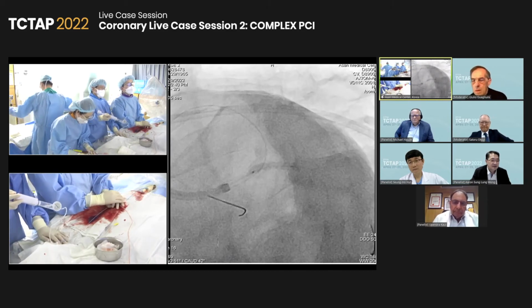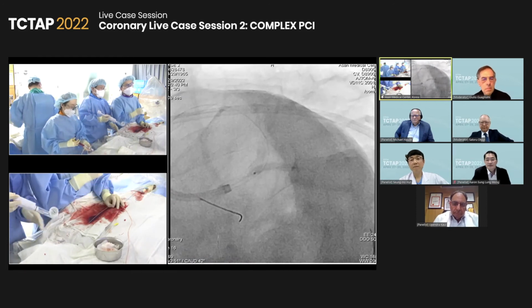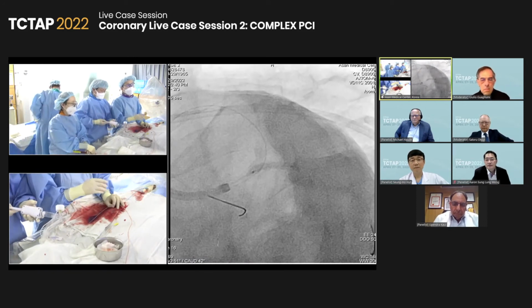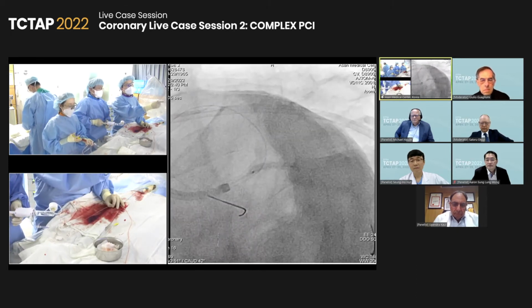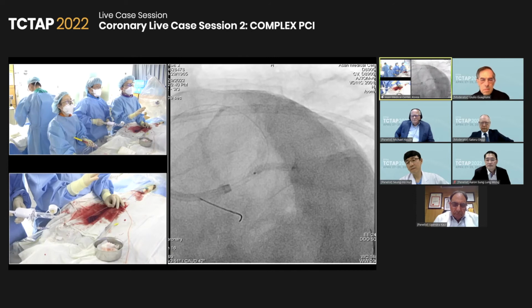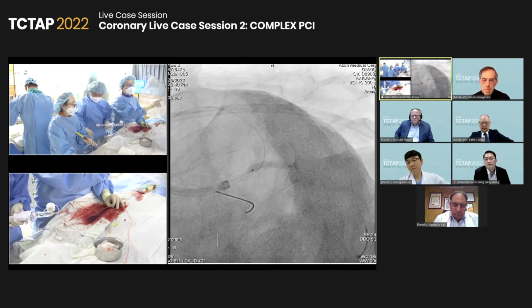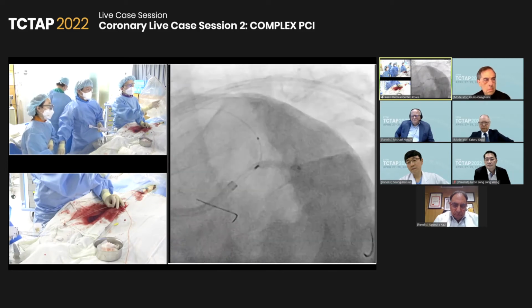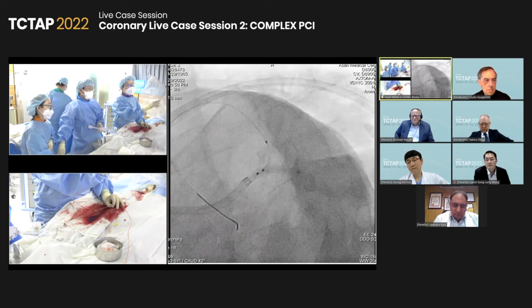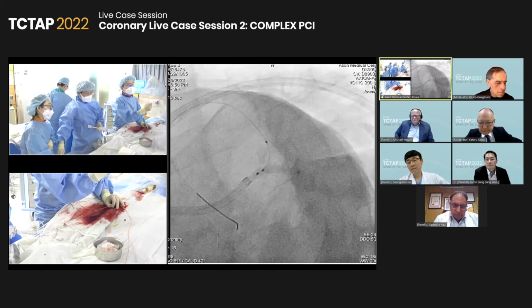We decided to perform the mini crush technique that we are familiar with, and implanted, by the finding of the IVUS, a 2.75 by 50 millimeter giant stent, and then applied high pressure before pulling out the balloon.